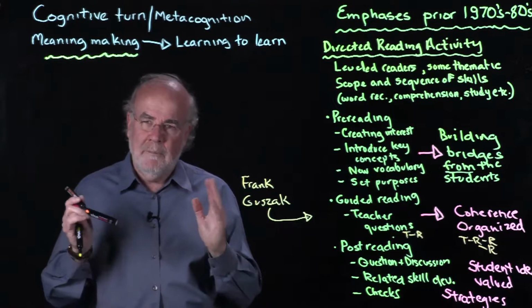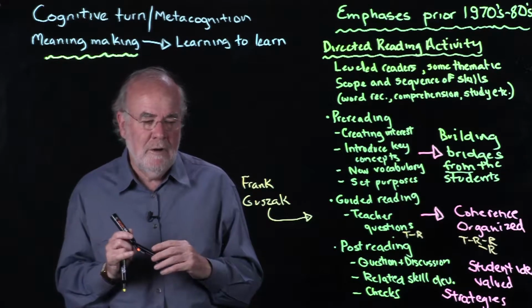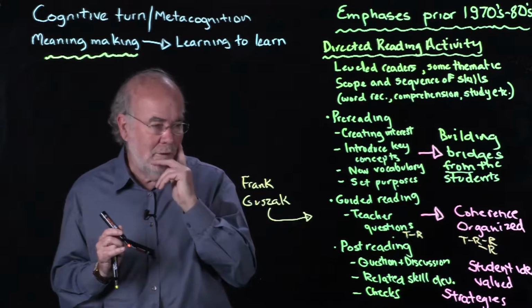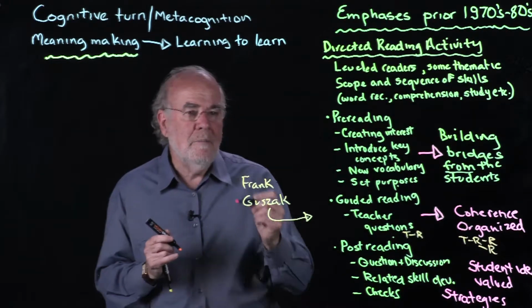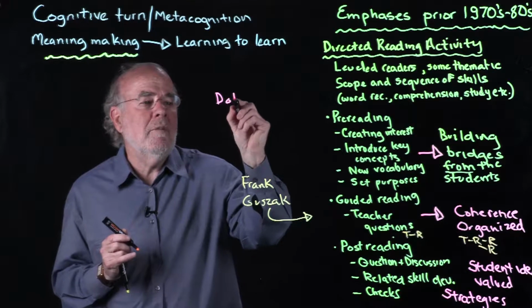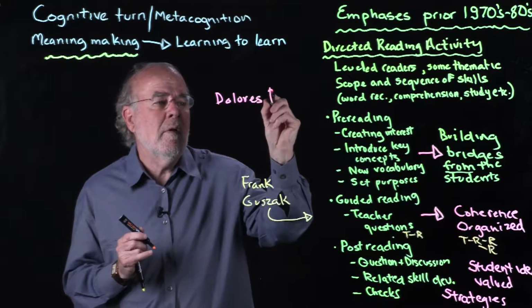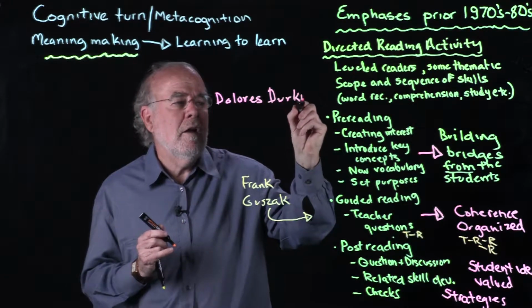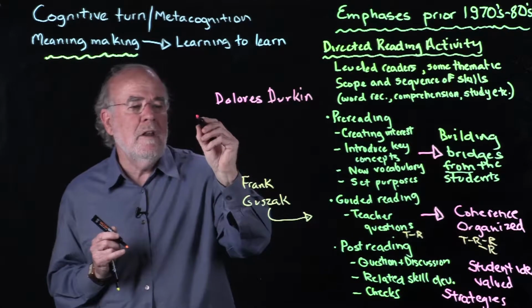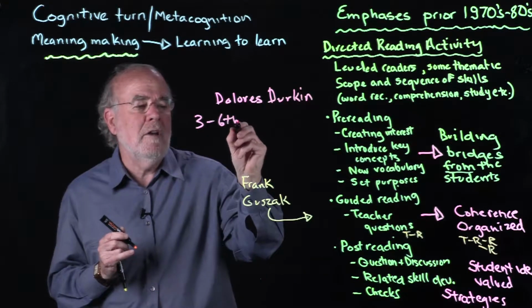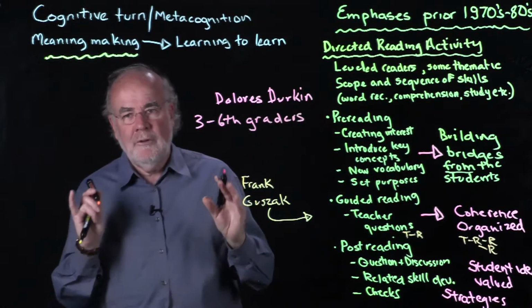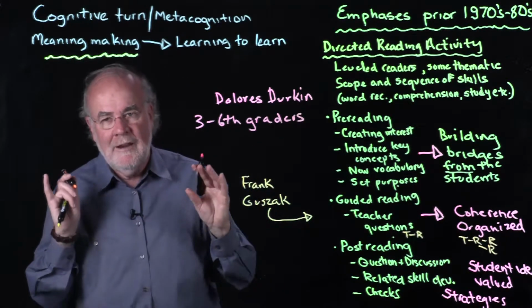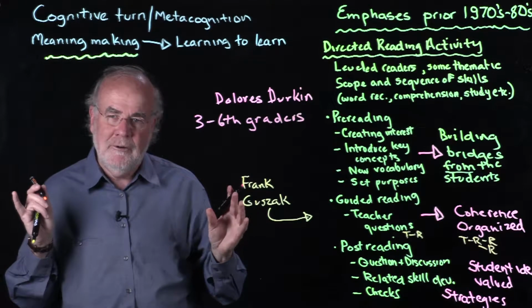Even though there were some debates about some of the elements of it, it was a very landmark study for what it found. It was a study by a woman by the name of Dolores Durkin, and it was an observational study of 3rd through 6th graders in which she was looking for the teaching of reading comprehension.